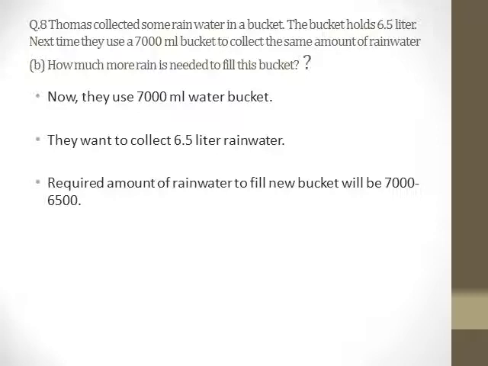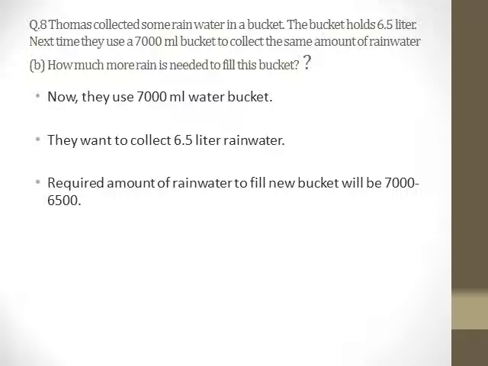Why? Because the total capacity we know now is a 7,000 milliliter bucket, and we want to collect 6.5 liters of rainwater. 6.5 liters means 6,500 milliliters. For that I will multiply by 1000, as 1 liter equals 1000 milliliters. When I multiply 6.5 by 1000, the point will move 3 places to the right: 65, 650 and 6500.